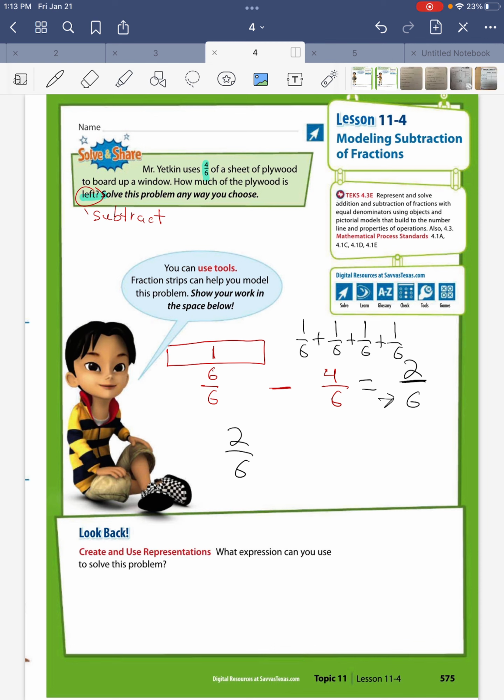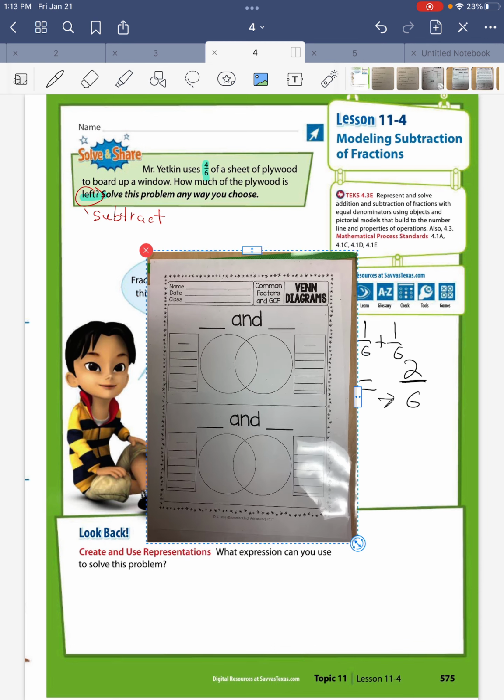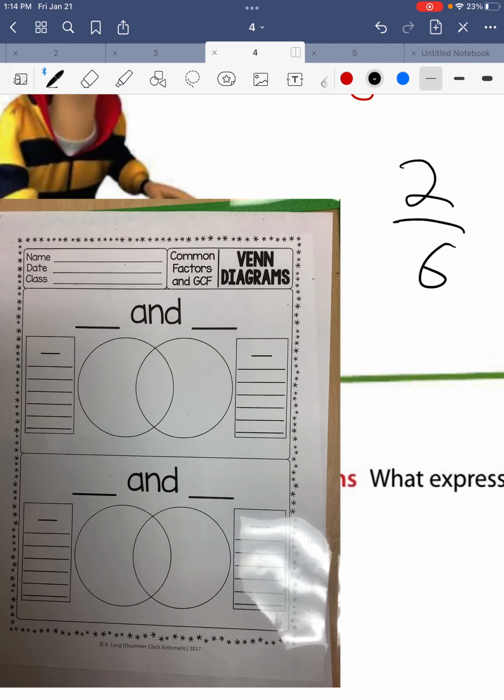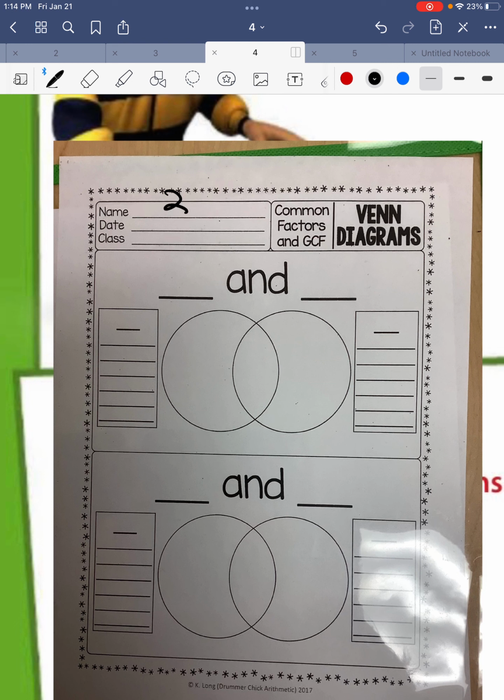So if I get my chart, it's right here. If I get my chart, I need to see what I can divide both 2 and 6 by. So put 2/6, put my 2 here, 6 here, 2 here, 6 here. Two numbers that I can multiply together to get 2 are 1 times 2, and that is it.